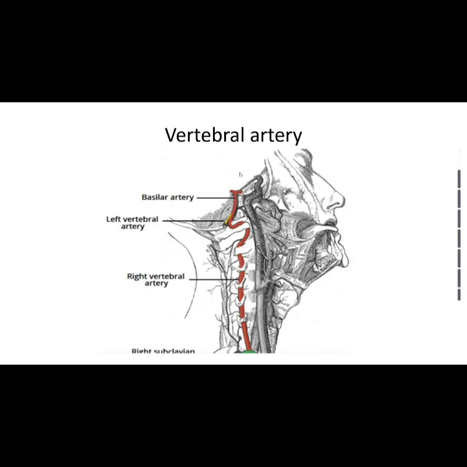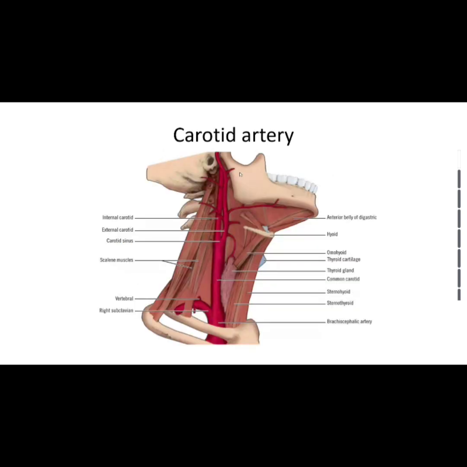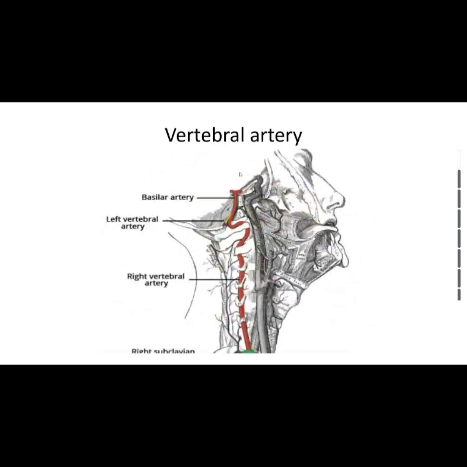When we talk about the basilar artery, the right vertebral artery and the left vertebral artery come together to form the basilar artery. So you can see another supply. You can see where the vertebral artery comes from. At least on the right side, it originates from, or comes out of, the right subclavian artery.